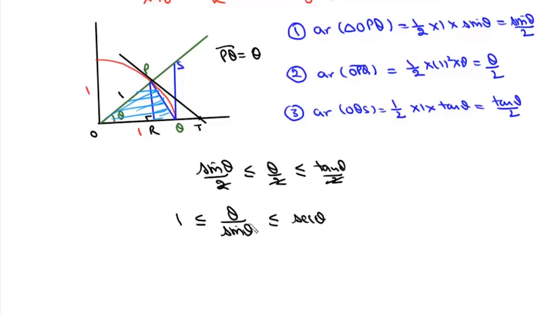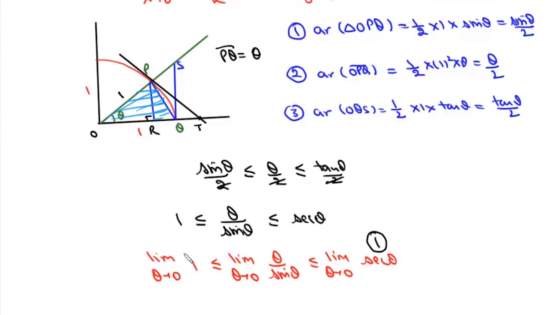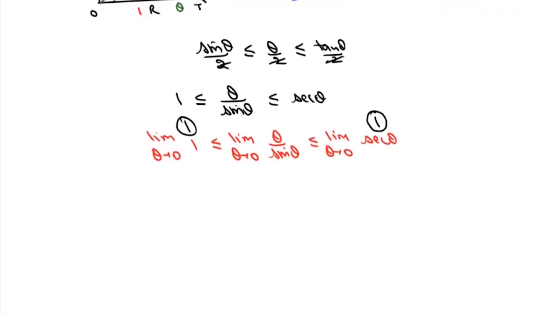Now we'll take this limit, theta tends to 0. So it will be the limit theta tends to 0 of 1, which is less than or equal to the limit theta tends to 0 of theta upon sin theta, which is less than the limit theta tends to 0 of secant theta. Now the value of secant 0 is 1 and the value of this limit is also 1.